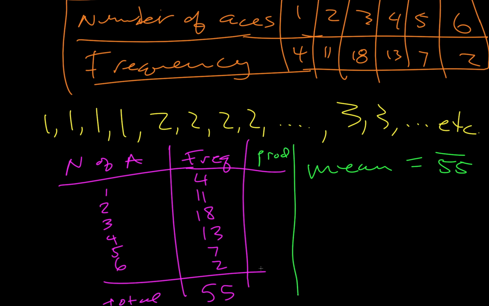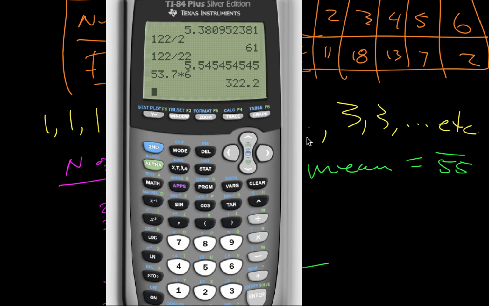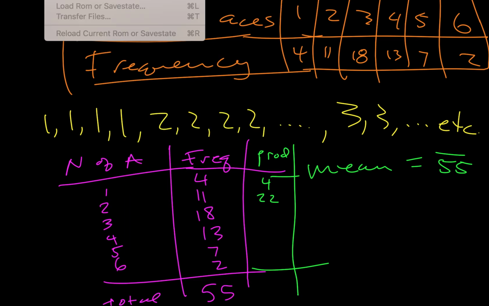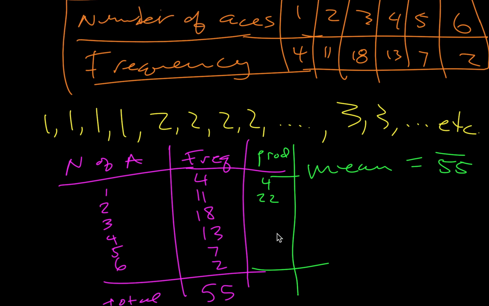I guess I do want the stuff that they put in their table. I take it back. So we're going to go 4, 22, 18 times 3. It's going to be 54. 4 times 13 is 52, and then 35 and 12. Okay, so if we add those up, we get 179.